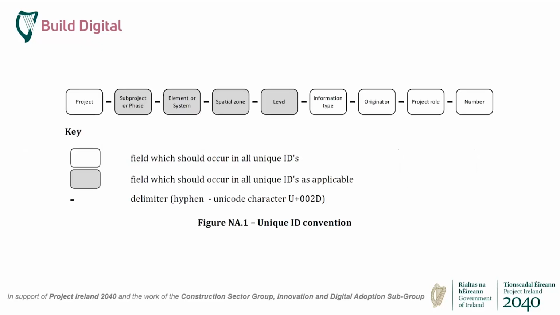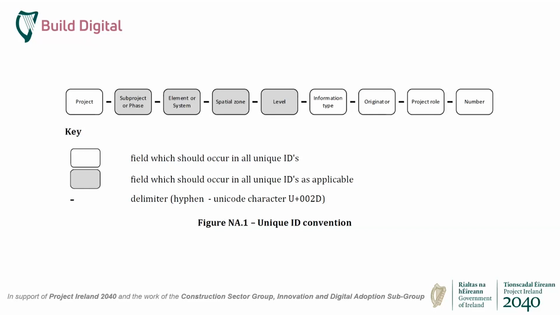And I suppose you have that within the Irish naming convention. It talks about project, sub-project, phase, and spatial zone and level, which talk about location. The system talks about the subject of the documents.